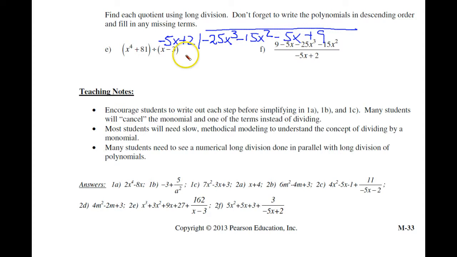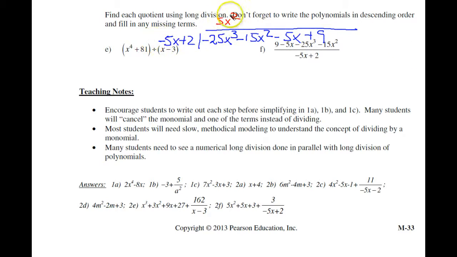And now let's go. So let's change colors here. Negative 5 goes into there, negative 5x squared. So this times this gives us a, nope, that's not a negative, it's a positive here. Sorry about that. Trying to rush this a little bit.